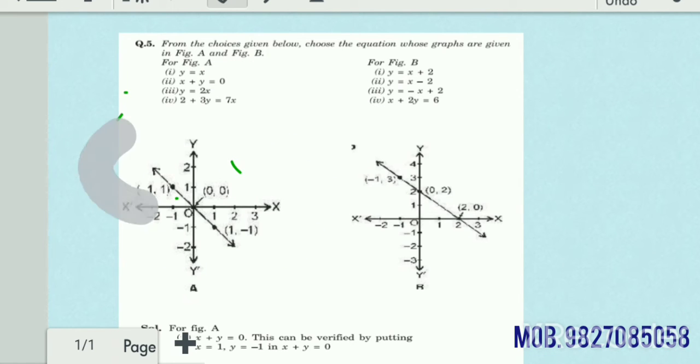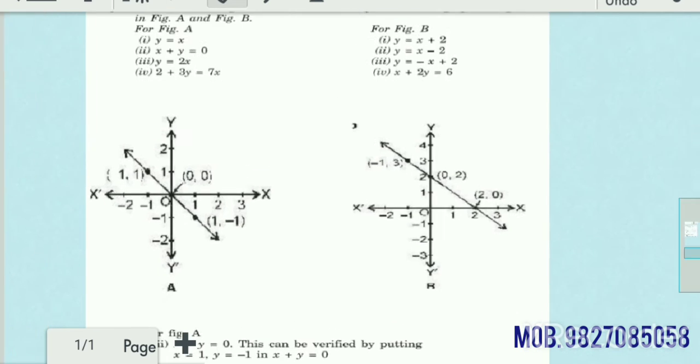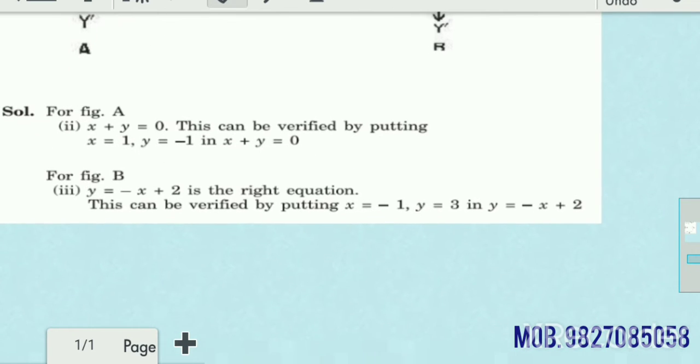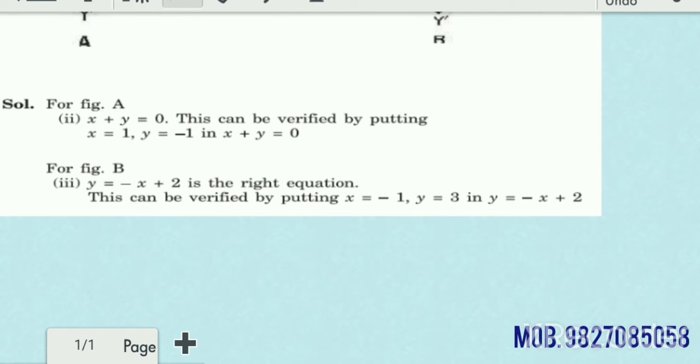Again we have to solve for the second, figure B, same as figure A. Now some solutions are given here. Yes, the second line is x plus y is equal to 0. This can be verified.